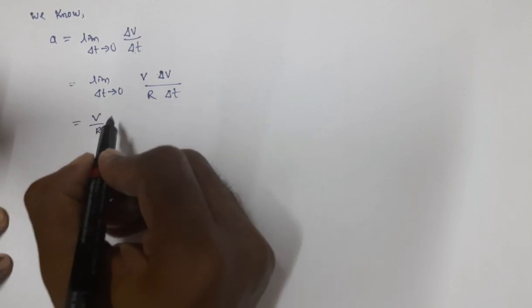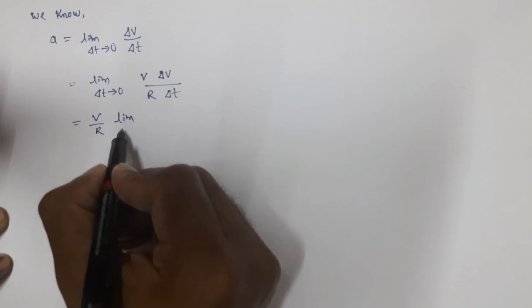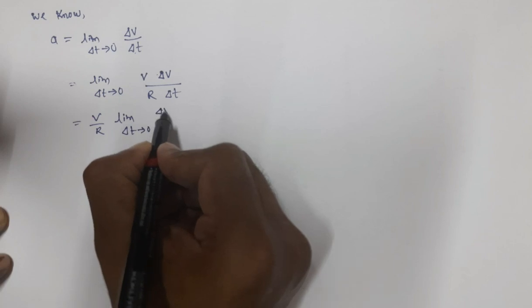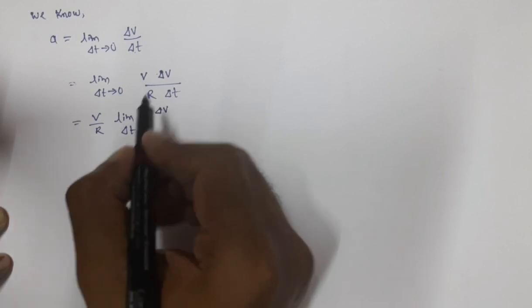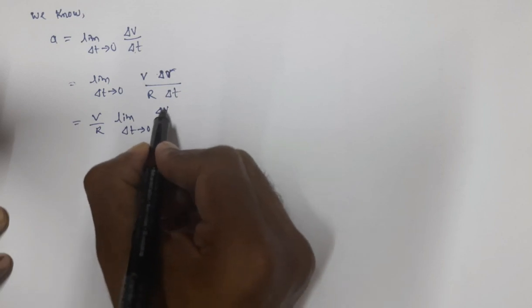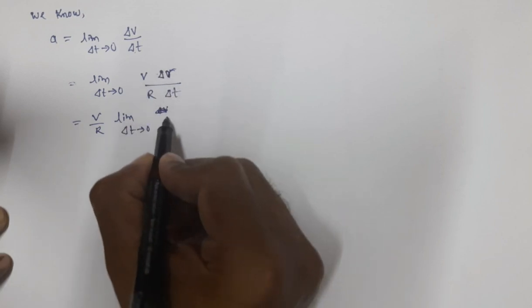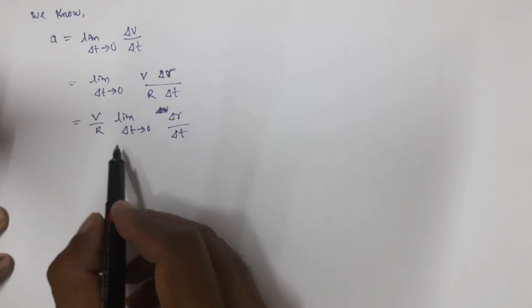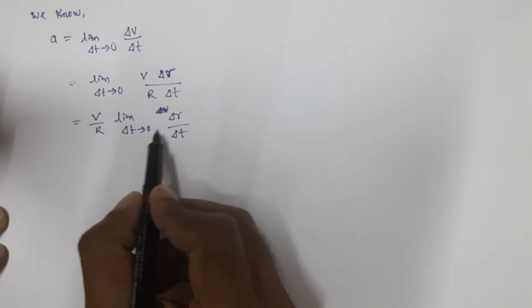Now apply limit delta t tends to 0. Sorry, this is delta R. Delta R by delta t, limit delta t tends to 0.